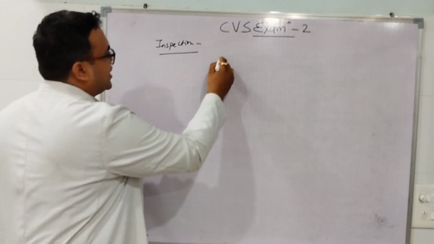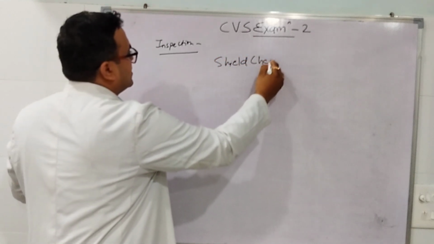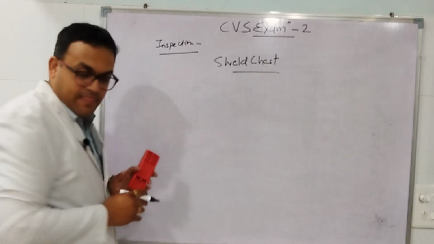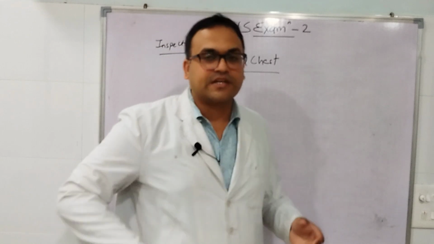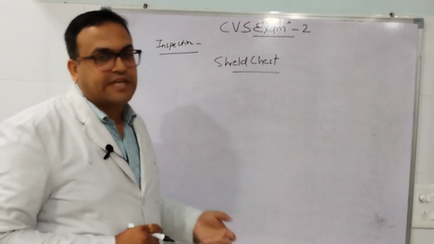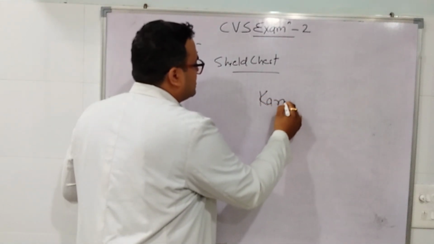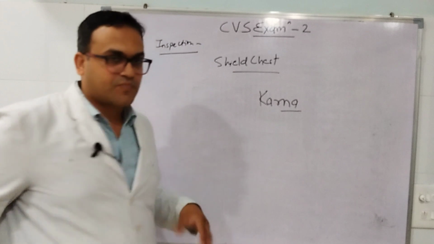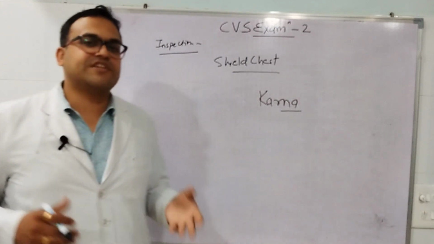Next is shield chest. We all know the epic Mahabharata, and there is a very good character we know about, Karna. It is said that Karna was born with a shield.